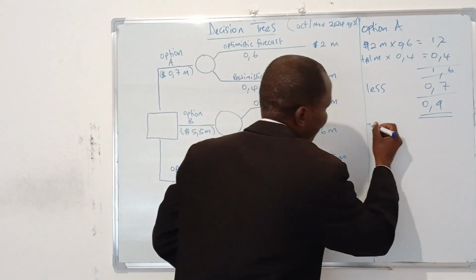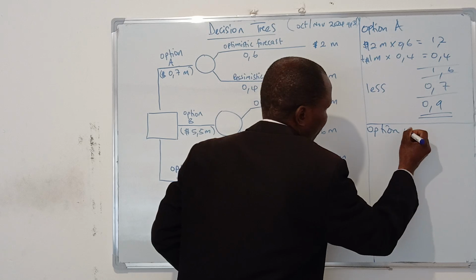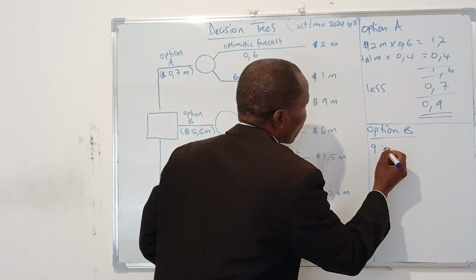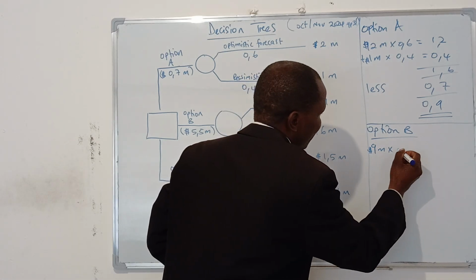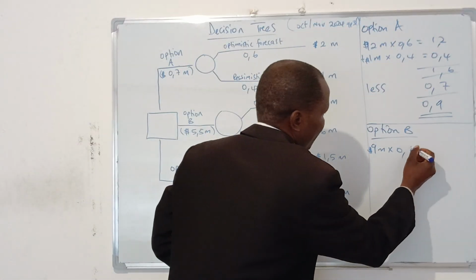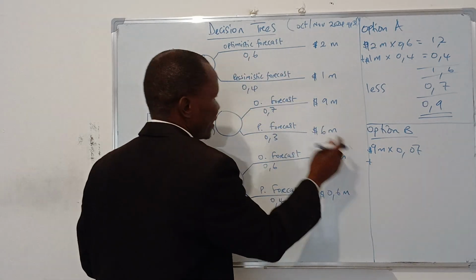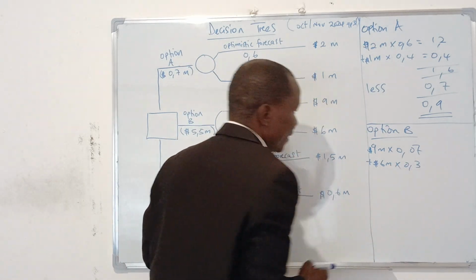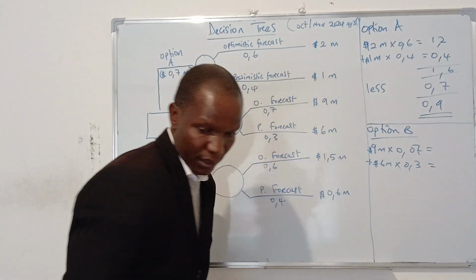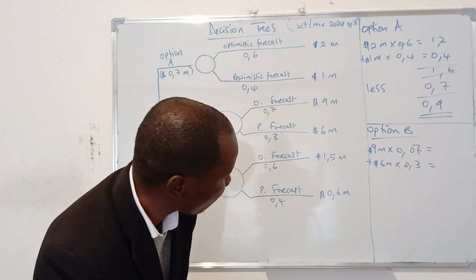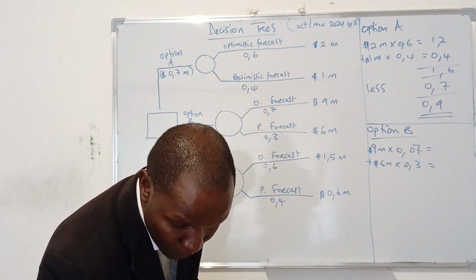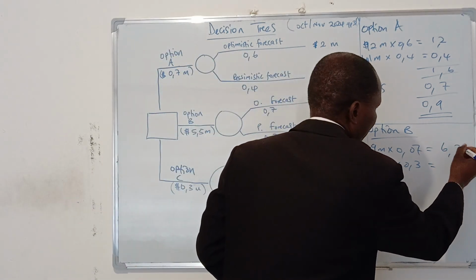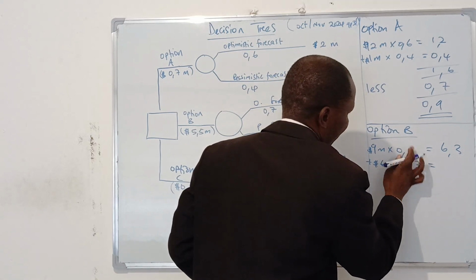Then if you go to option B, option B is simple as well. 9 million times 0.7 plus 6 million times 0.3. If you calculate quickly on your calculator, 9 million times 0.7 is 6.3. Yes, this is 0.7, not 0.07.